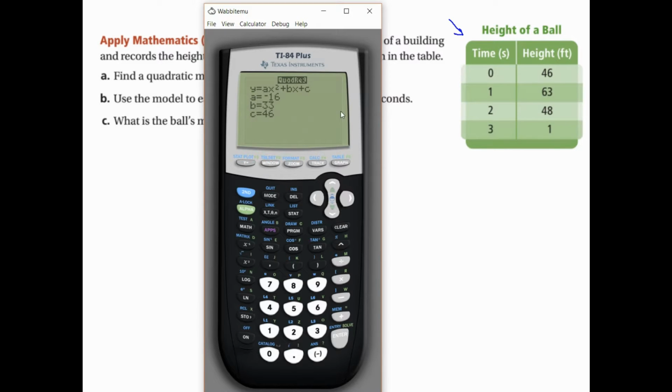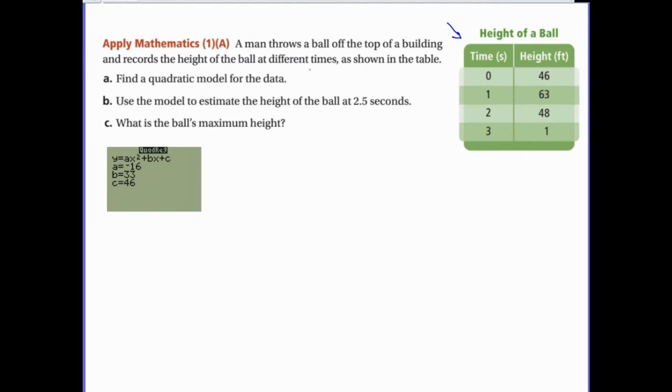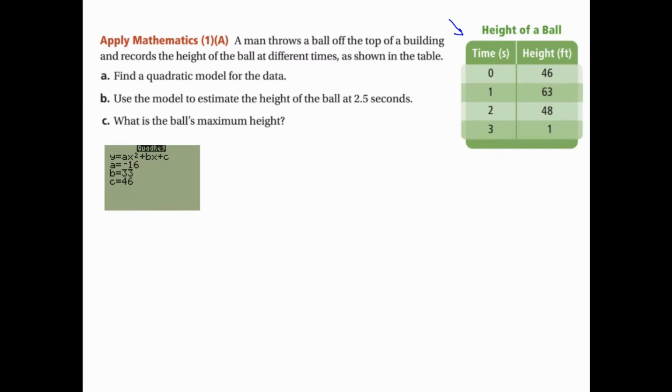Alright, I want to go ahead and grab that. There we go. That's a good spot for it. Alright, so we're working on A here. And actually I squeezed my window. Alright, there we go. And we want to create a quadratic model for the data. Well, there it is. That's what we just did. So I'm going to put it down.